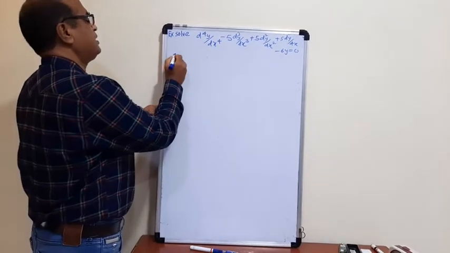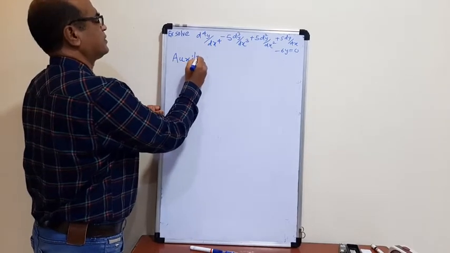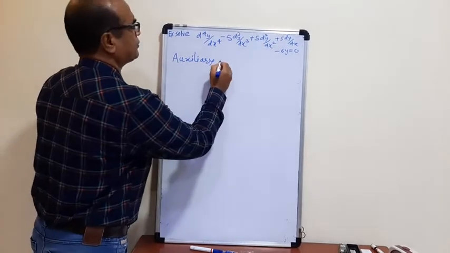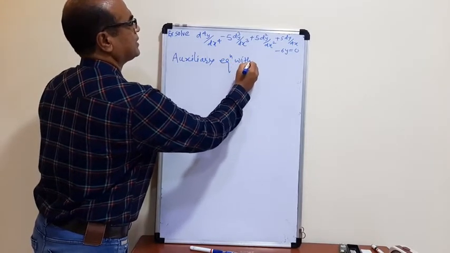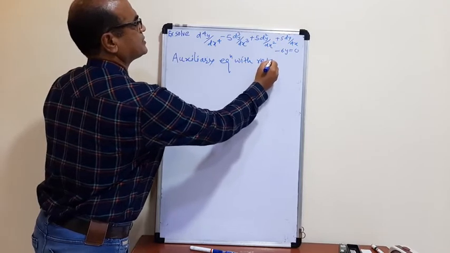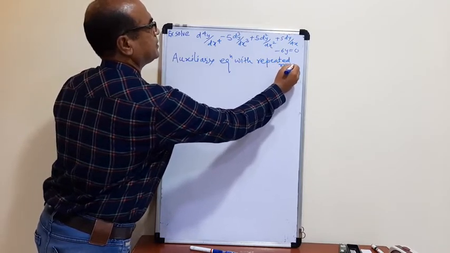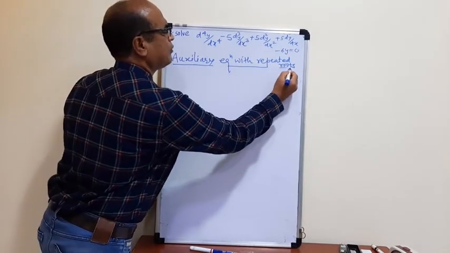Next method: if the auxiliary equation has repeated roots, then what happens here?